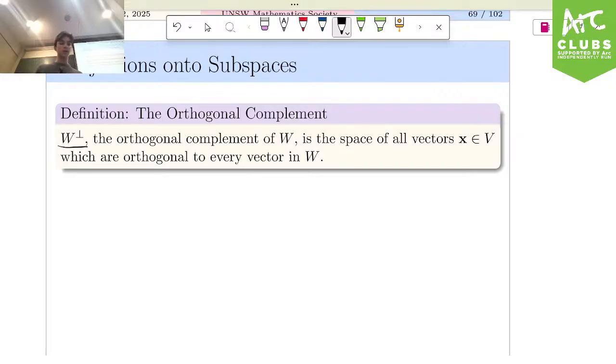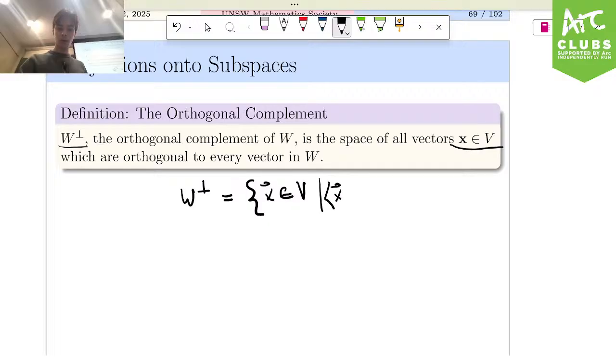So this symbol, W raised to the power of a perpendicular looking symbol, which you can pronounce as W perp, or at least that's how I pronounce it, is the orthogonal complement of a subspace W. And it's the space of all vectors in V which are orthogonal to every vector in W. So if you were to write this in set notation, W perp is equal to the set of vectors X in V such that the inner product of X with lowercase w is equal to 0 for all w in your subspace W, right?